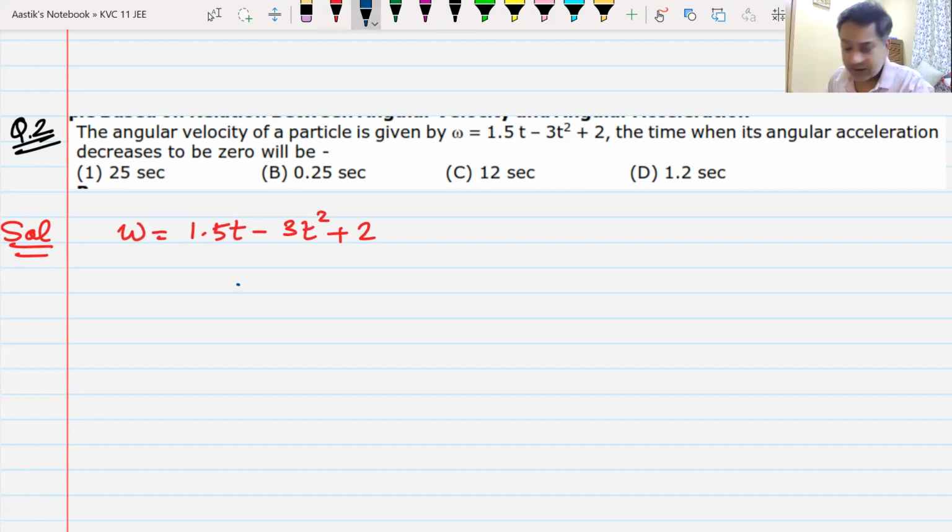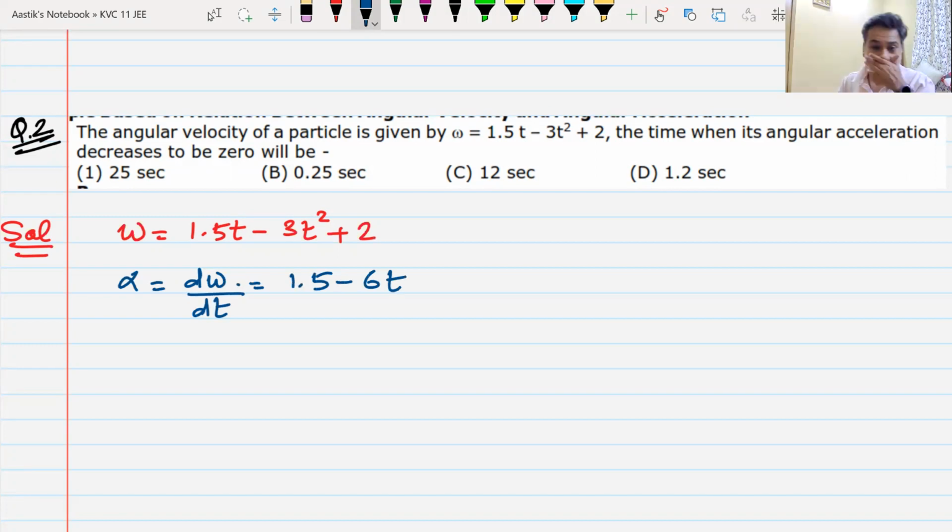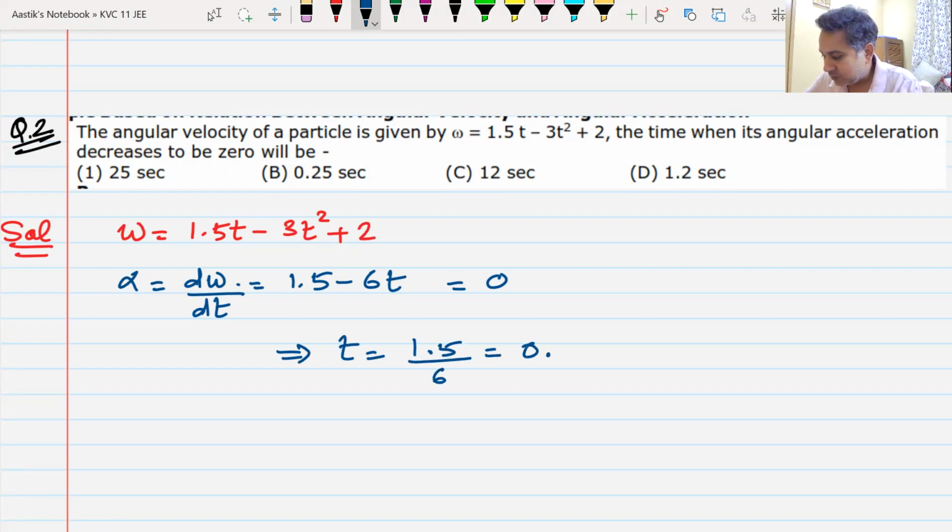How do you find the angular acceleration? Alpha, angular acceleration, is d omega by dt. So we need to differentiate it. It will become 1.5 minus 6t, and this must be equal to 0. So from there, you can find the value of t. t is 1.5 divided by 6, and that will come as 0.25 seconds.